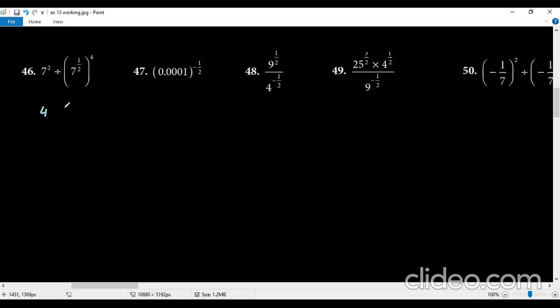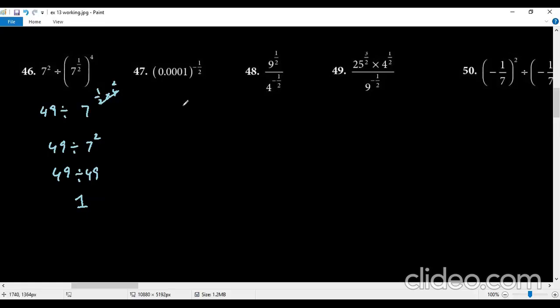This is 7 square equals 49, and divided by, this is going to be 7 1 over 2 times 4. It's going to give you a 2. That means 49 divided by 7 square, which is 49 divided by 49, is going to give us a 1. For question number 46, your answer is going to be 1.